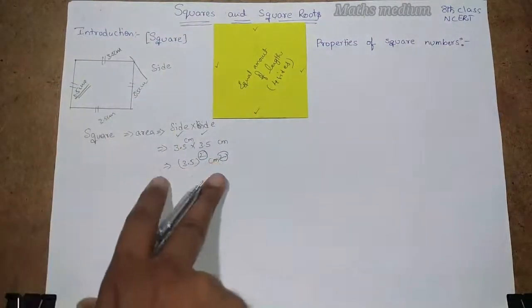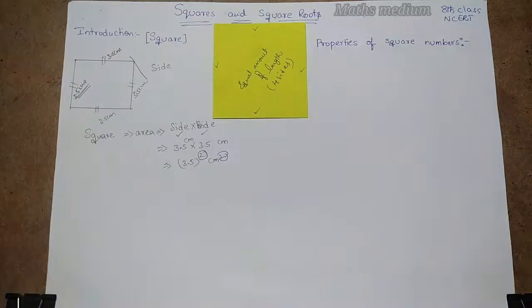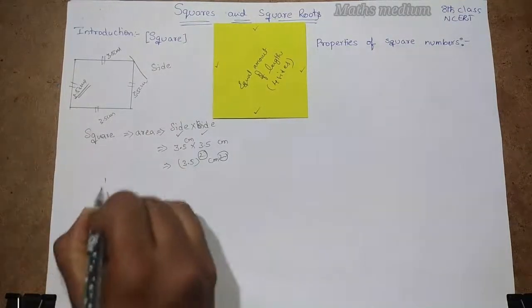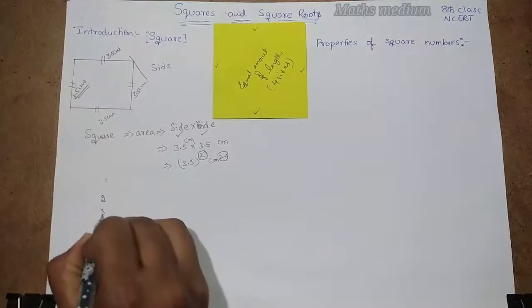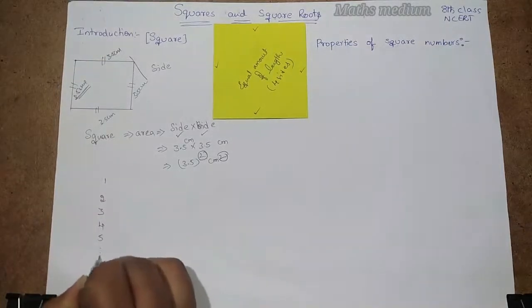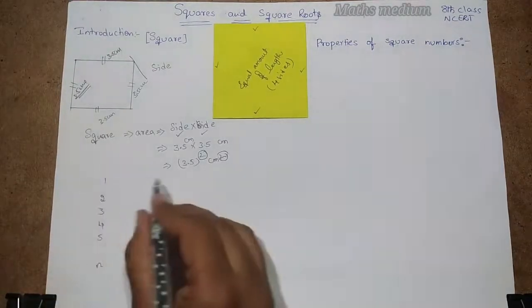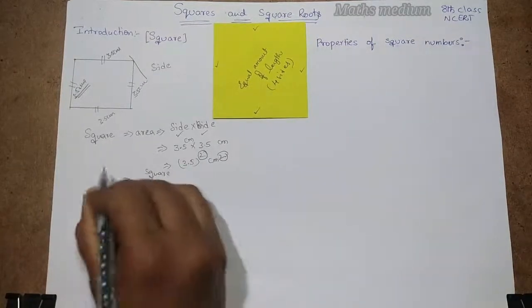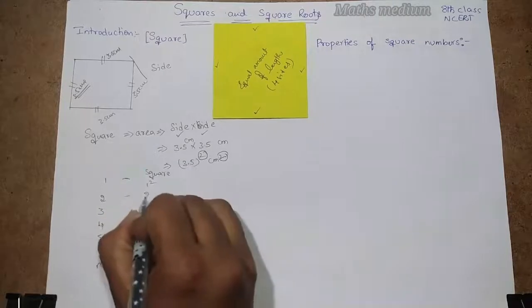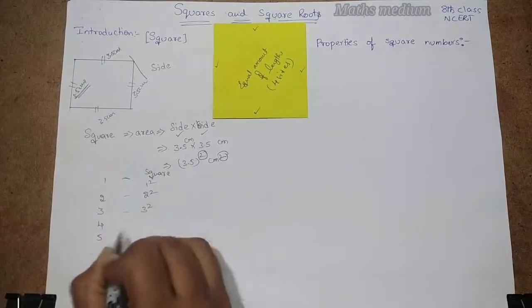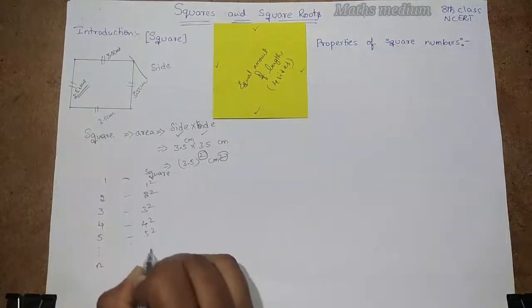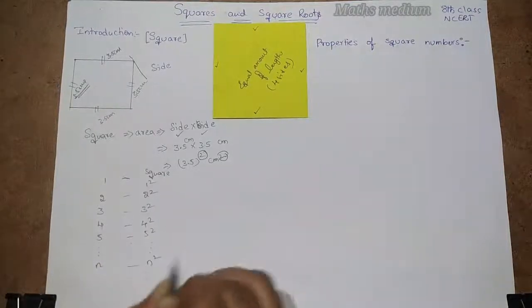This is just an example. Now going through the squares, we know the numbers 1, 2, 3, 4, 5 and so on, let it be n. How do we square them? 1 square, 2 square, 3 square, 4 square, 5 square and so on, and here n square.